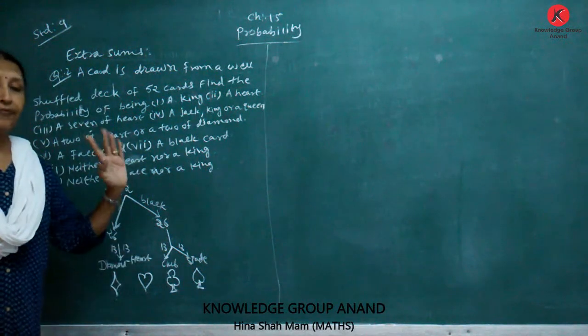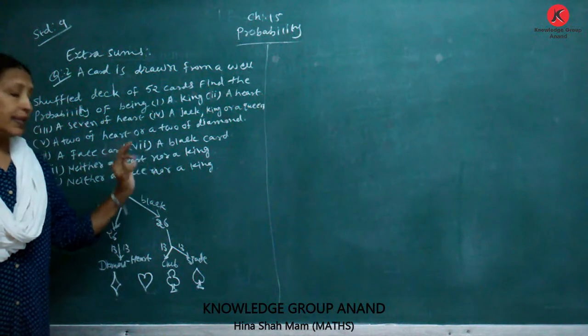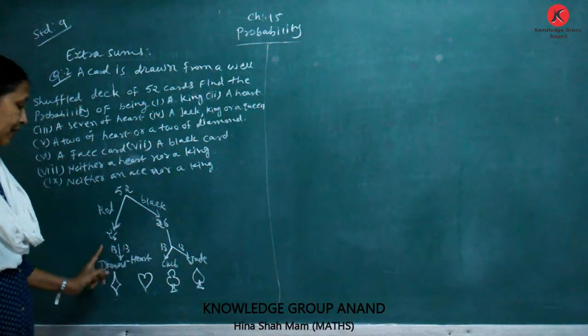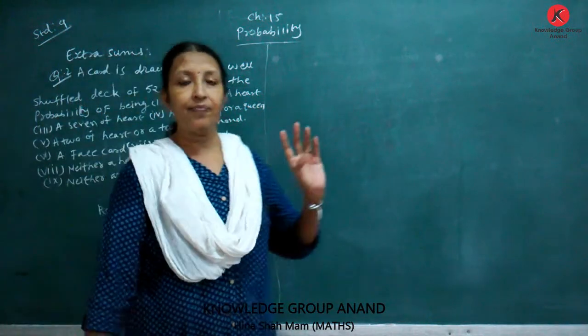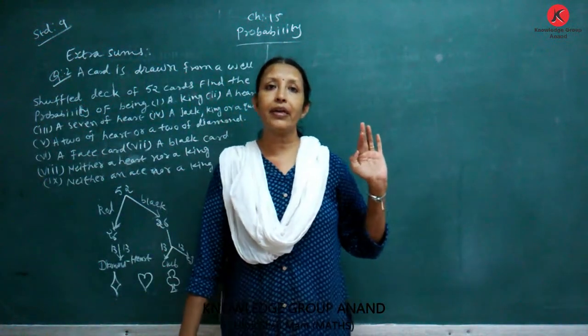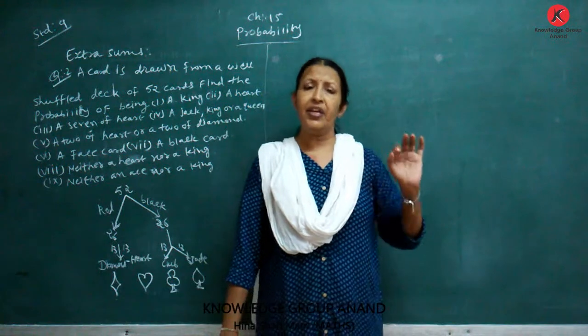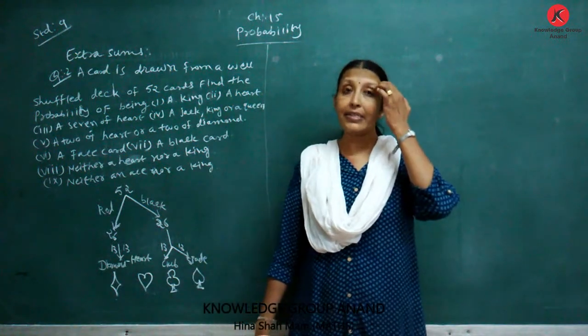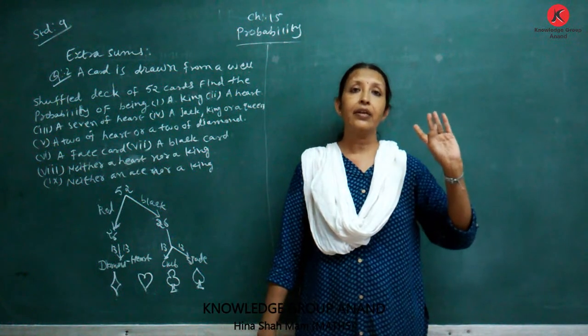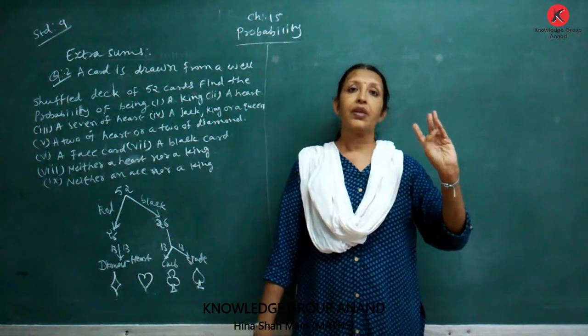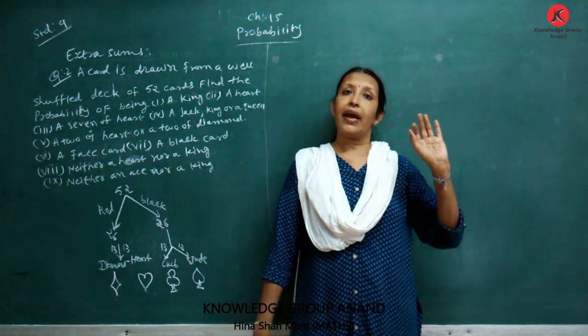In 52 cards, there are 13, 13, 13, 13: 4 types of flavor card. Heart, diamond, club and spade. Each has 13 cards: number 1, 2, 3, 4, 5, 6, 7, 8, 9, 10, jack, queen and king.